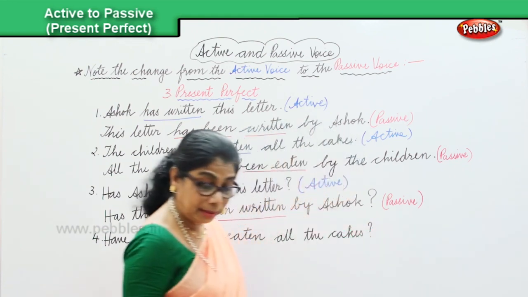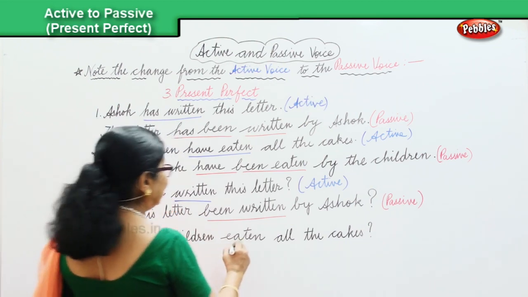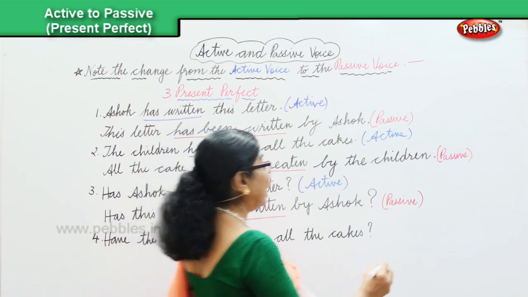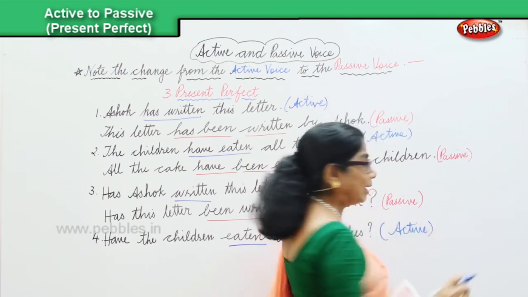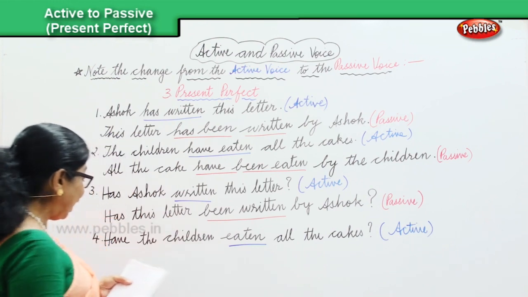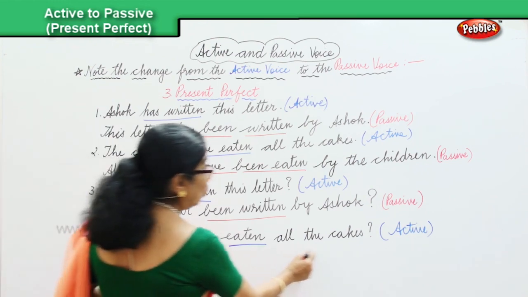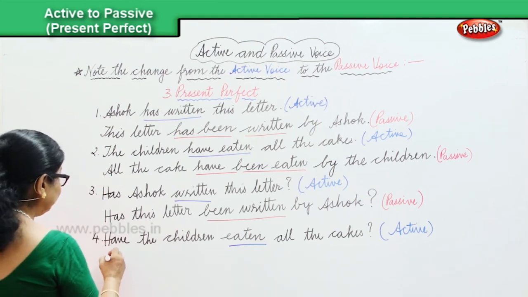And the verb here is eaten. And that's in the active voice. And when we change over the active into the passive, let's look at it. Have all the cakes been eaten by the children?